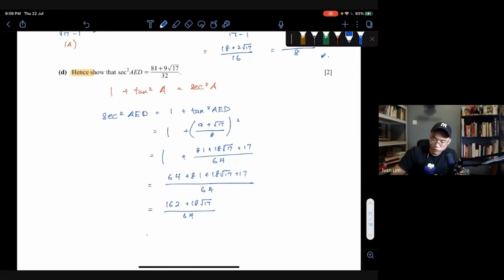Divide the whole thing by 2: 81 plus 9 root 17 over 32.